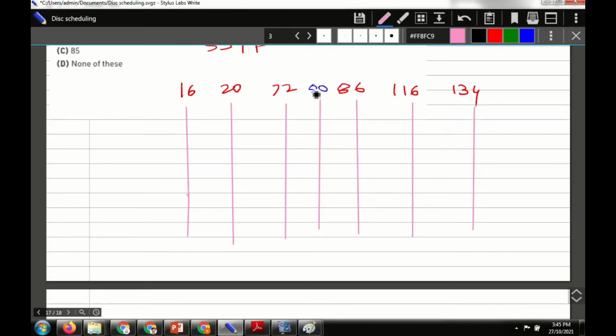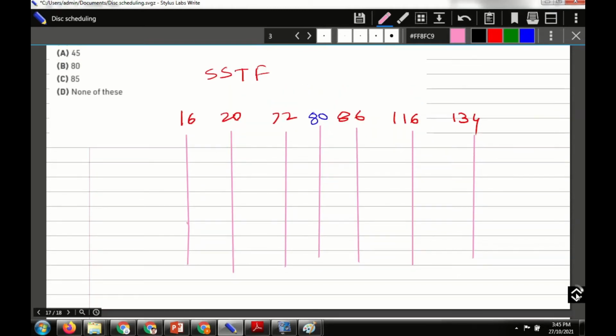When the current head position is 80, it can go to 86 or to 72. But the algorithm is shortest seek time first.